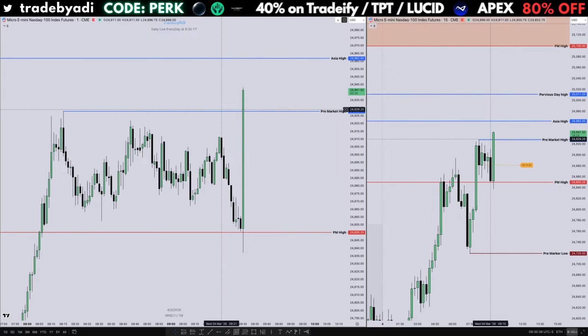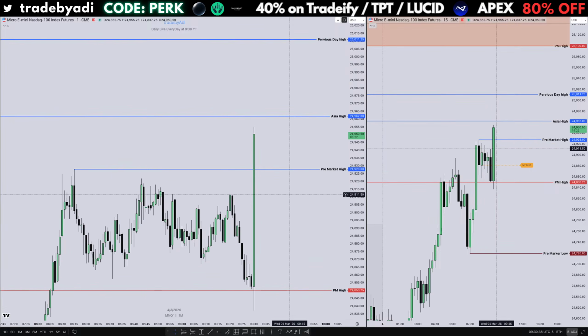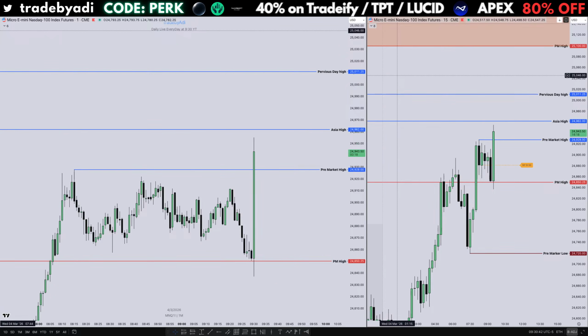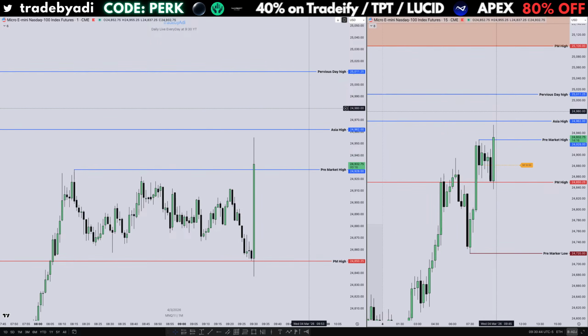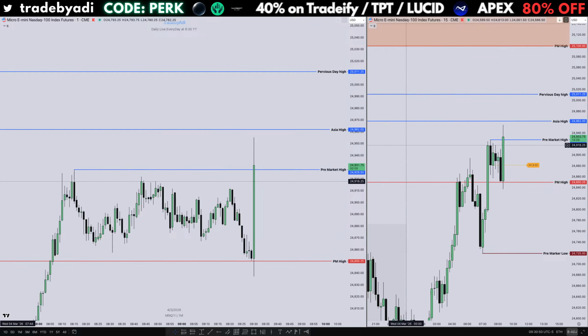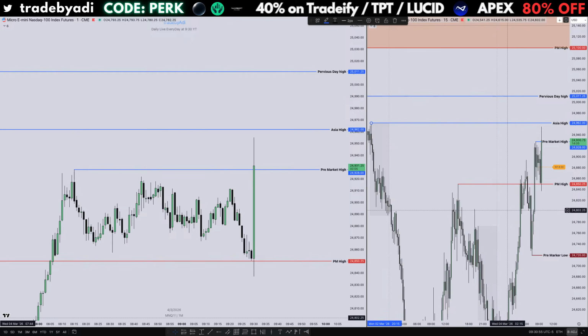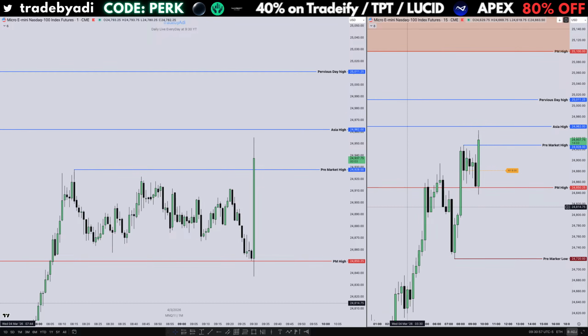If you check, we have taken out the buy side liquidity now, and also we are really near the Asia high, where I think the market is going to tap this Asia high also, this one, and we were inside this fair value gap.